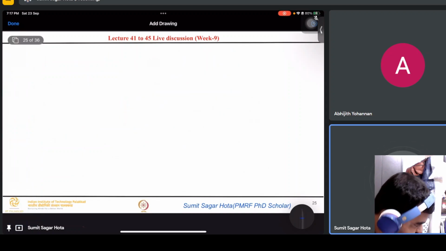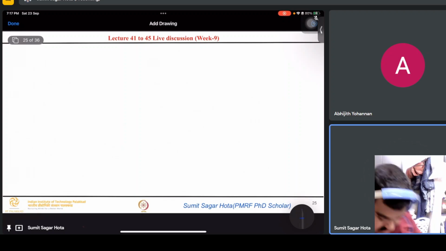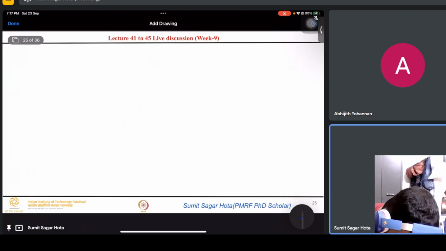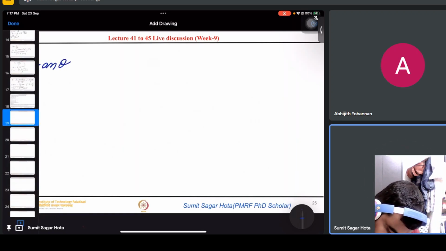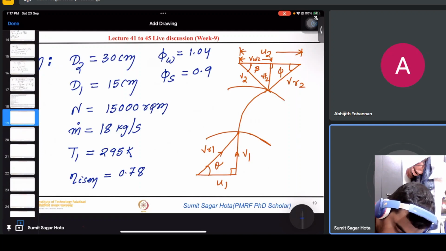What is the formula? Simple, we can apply simple trigonometry here. Tan theta we can apply. So tan theta equals V1 by U1. From the bottom triangle you can see tan theta equals V1 by U1.